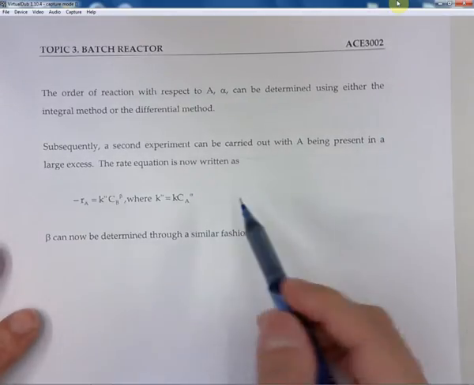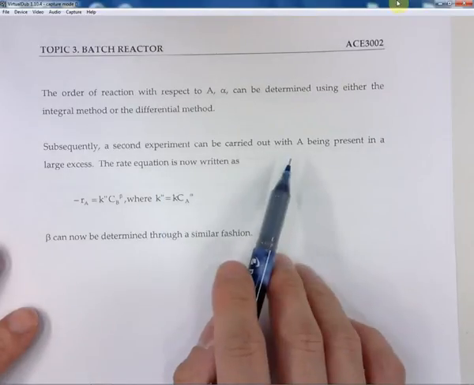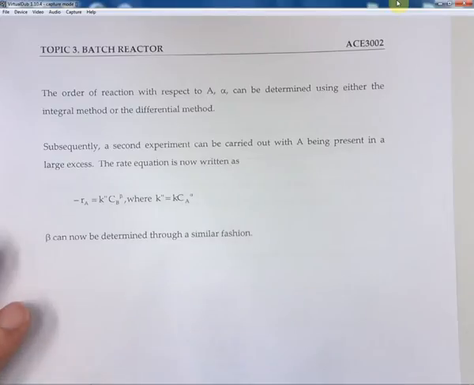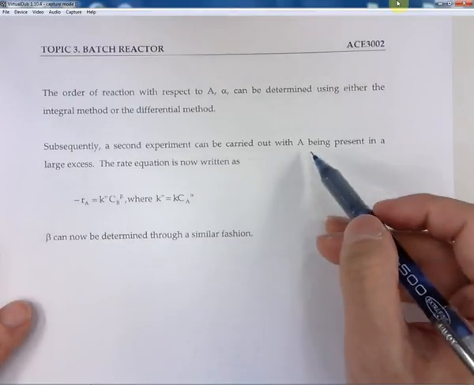Then like we said, we use the integral or differential method to determine alpha. After that we perform the second experiment, where we change the excess. Just now B was in excess, so now we have to make A in excess.